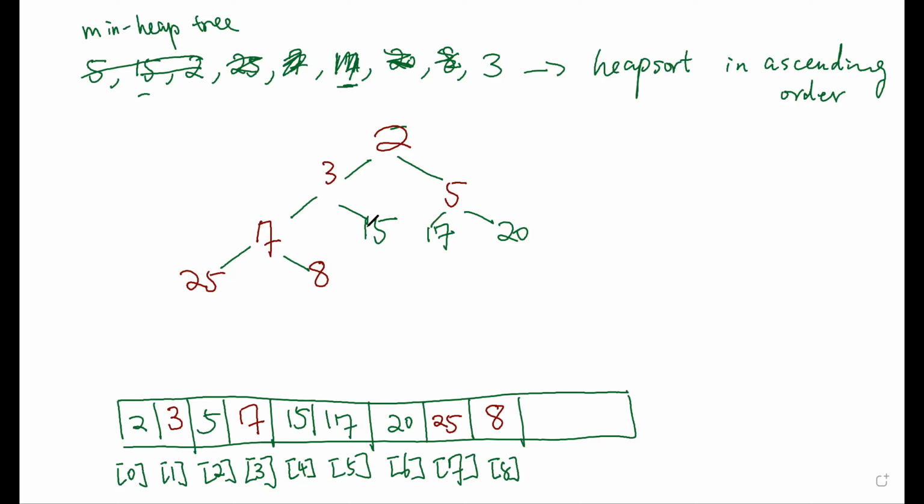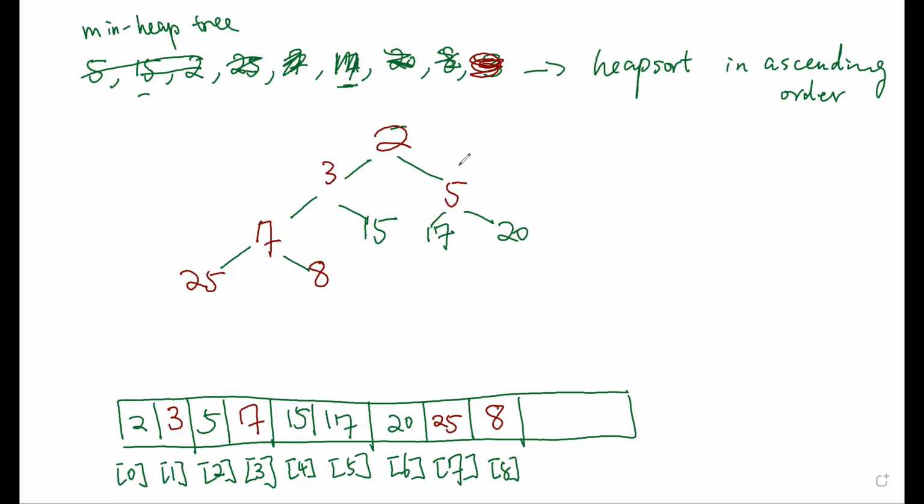Okay, now is this tree a min heap tree? Yes, this is. So we complete the heap part. That part we finished. Now what it asks you to do is to sort.